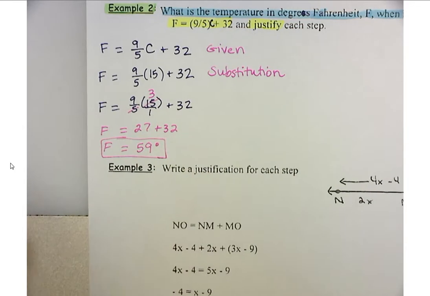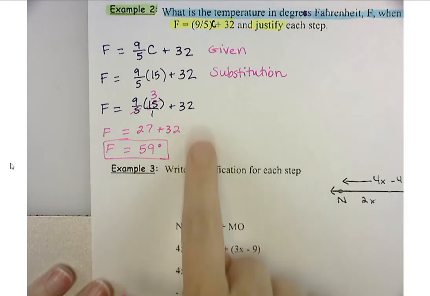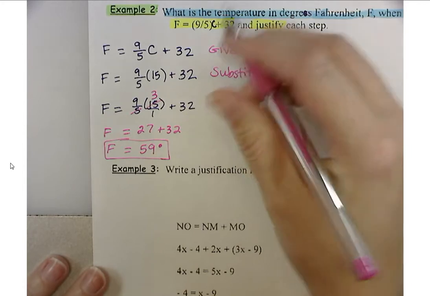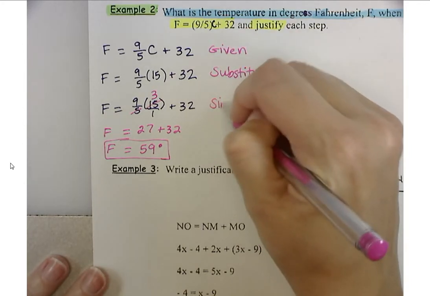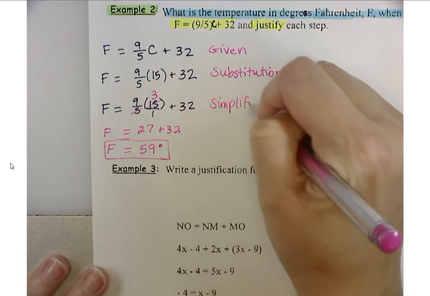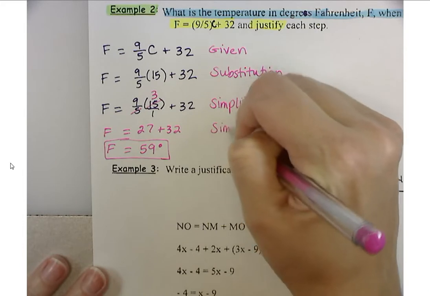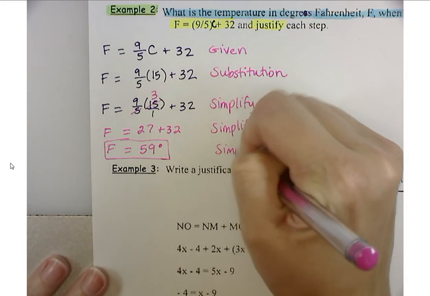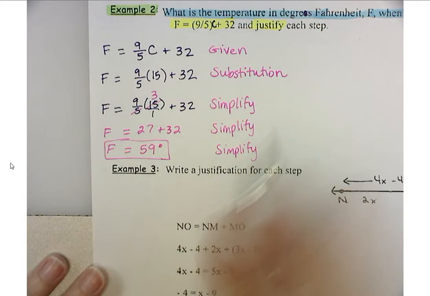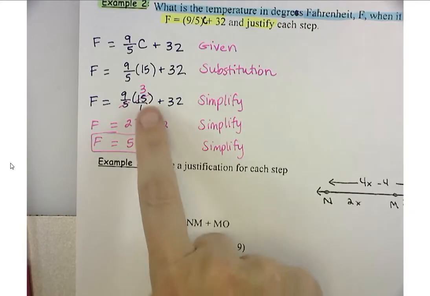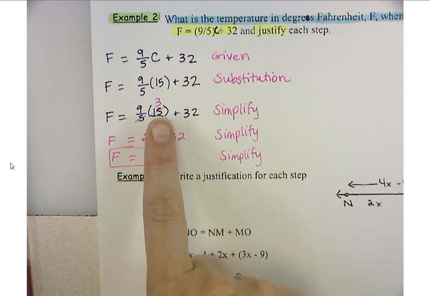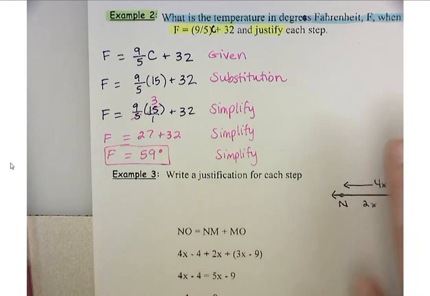Okay, now the justification again for these two steps, really all three of them, is going to be to simplify. And let me tell you why. The reason why this is simplify and not multiply is because if you use the multiplication property, you have to do that to both sides of the equation.